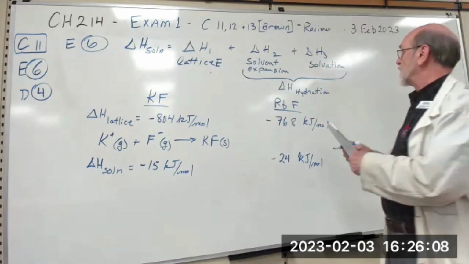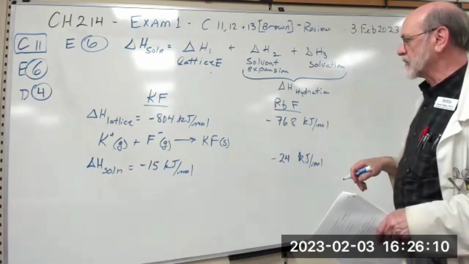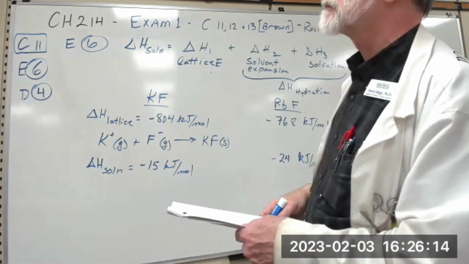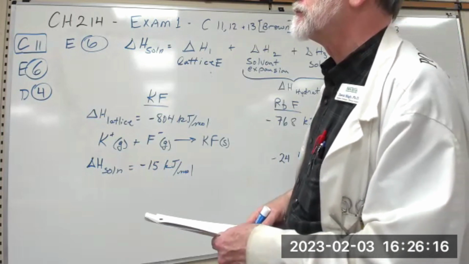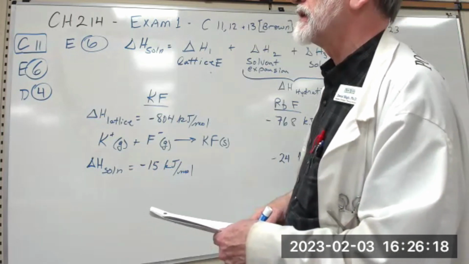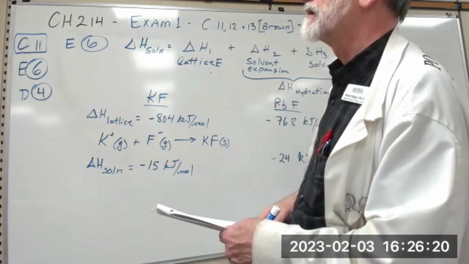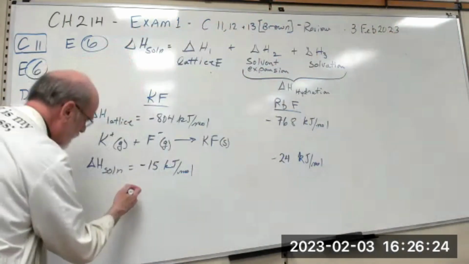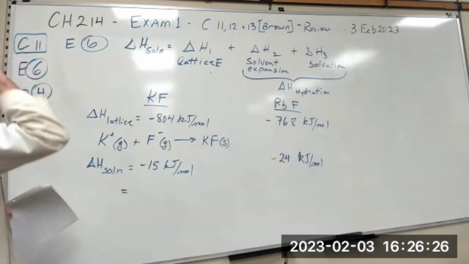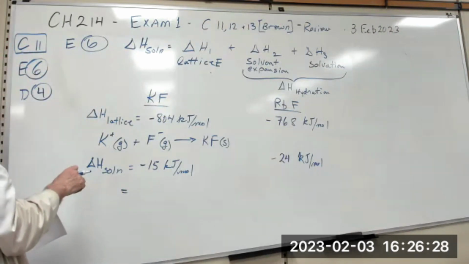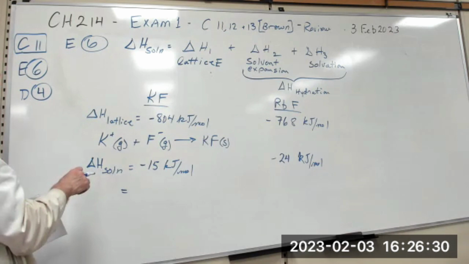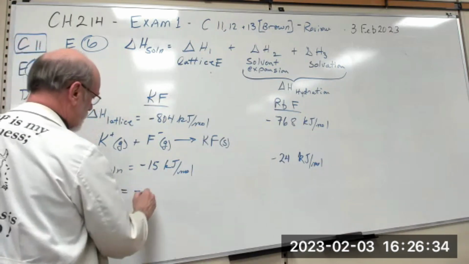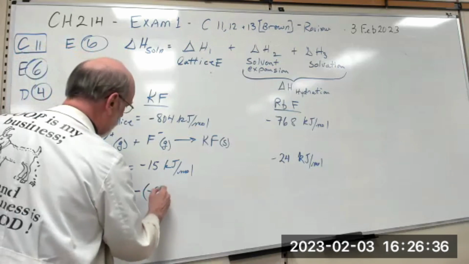So what we need to do is say the heat of solution for KF, this heat of solution, is equal to the negative lattice energy, 804.